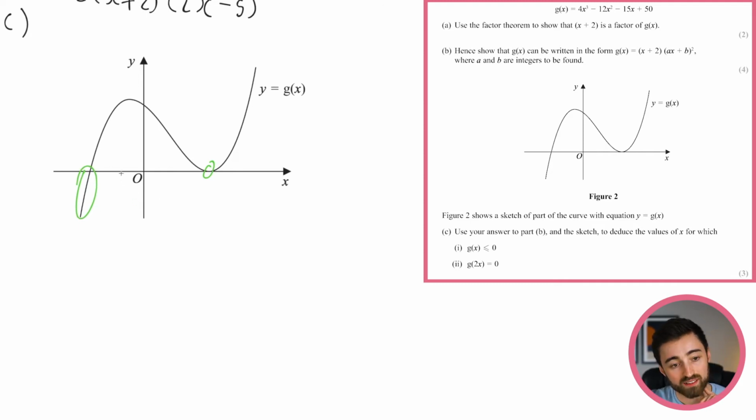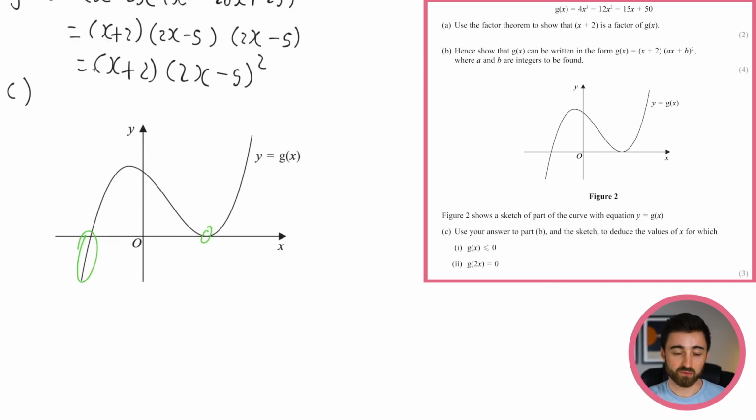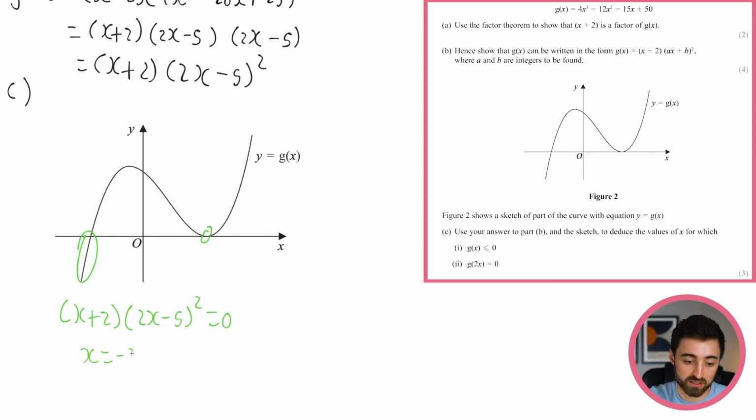Obviously the answer to part B is going to help here. Because if we had g of x in this form and we said, when is this thing equal to 0? We can get our values of x relatively easily, right? This equals 0 when either x equals minus 2, which is clearly going to be that, or x equals 5 over 2. And because this is squared, this means we have this repeated root and we get this thing happening.